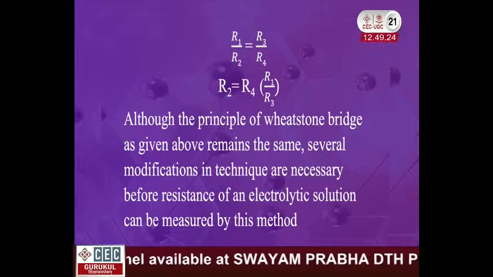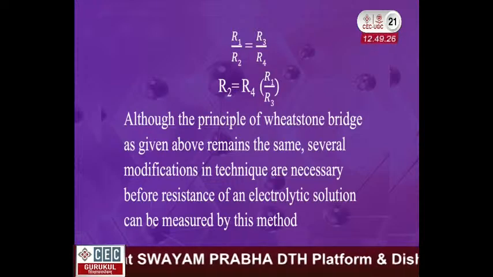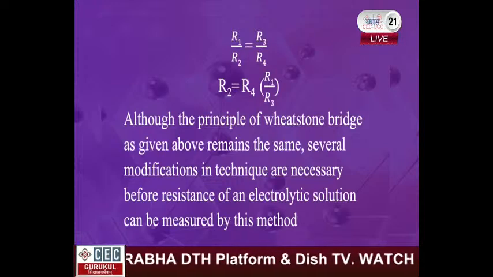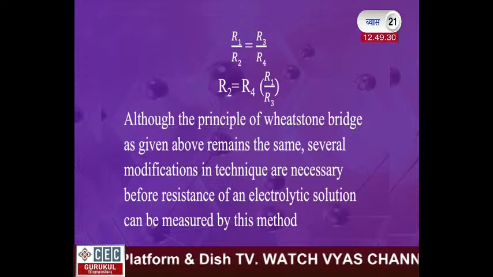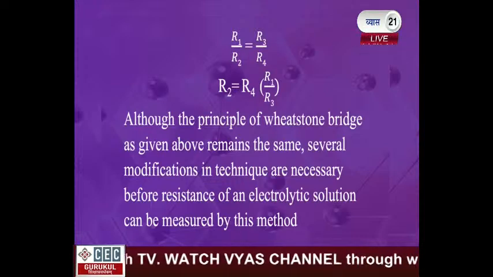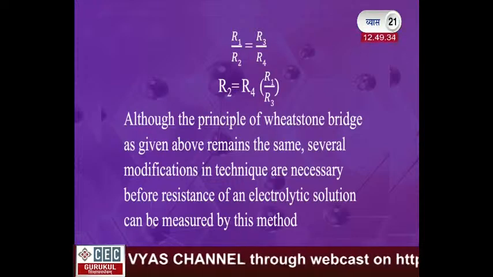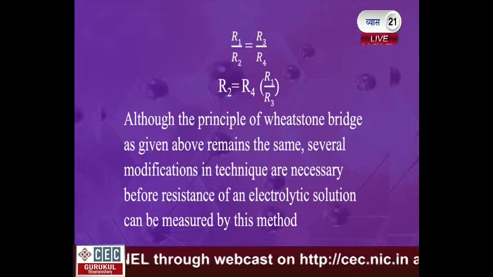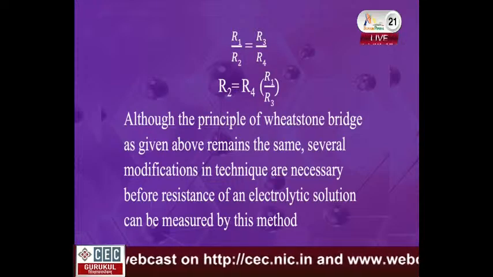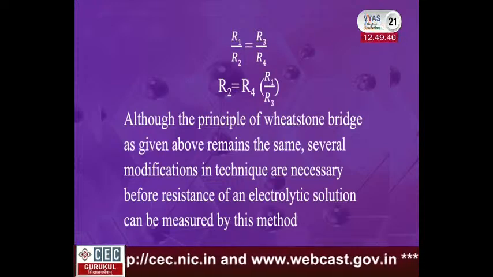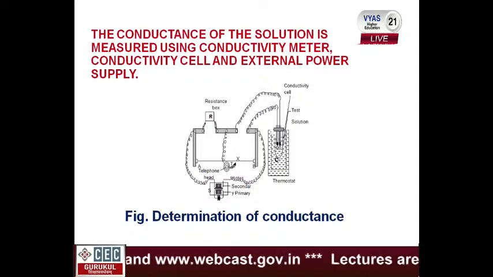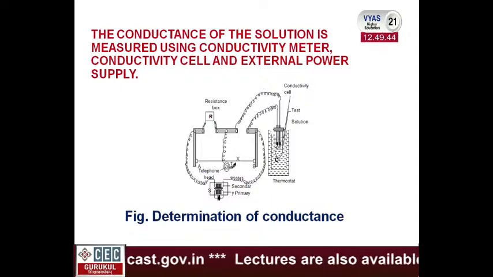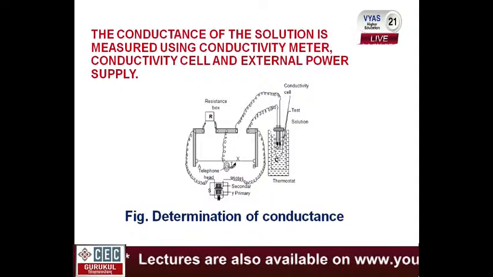Although the principle of Wheatstone bridge as given above remains the same, several modifications in technique are necessary before the resistance of an electrolytic solution can be measured by this method. The circuit diagram that is used to determine the conductance is shown in the figure.